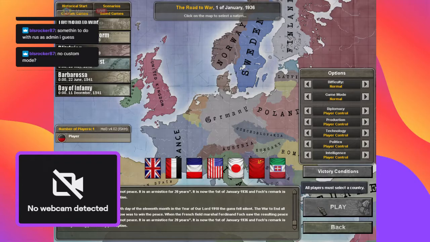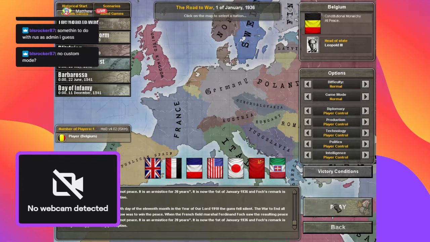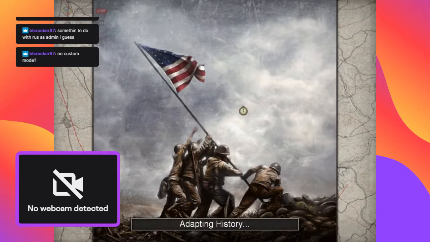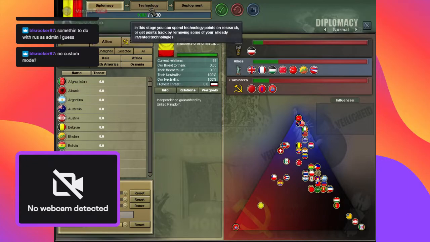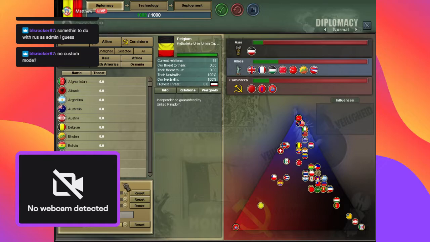Okay, and I'll do both. So with custom, let me close this, it keeps popping up. You have a certain amount that you can spend. So let me see. Okay, so you see 1,000 for the diplomacy points.